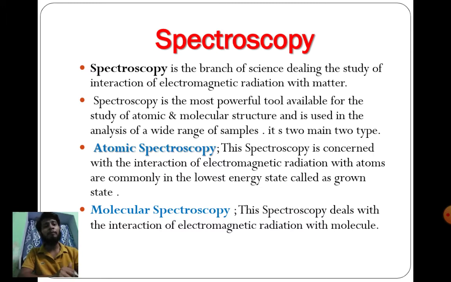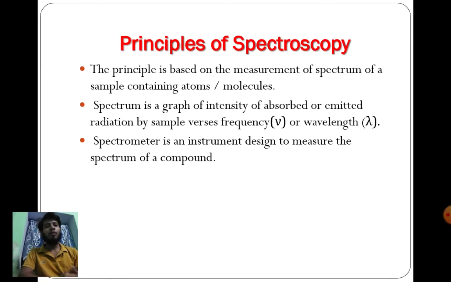So, the principle of spectroscopy. A very simple principle is that when a molecule absorbs light of a certain frequency or wavelength, its electrons get excited from the ground state and go up to higher electronic states.